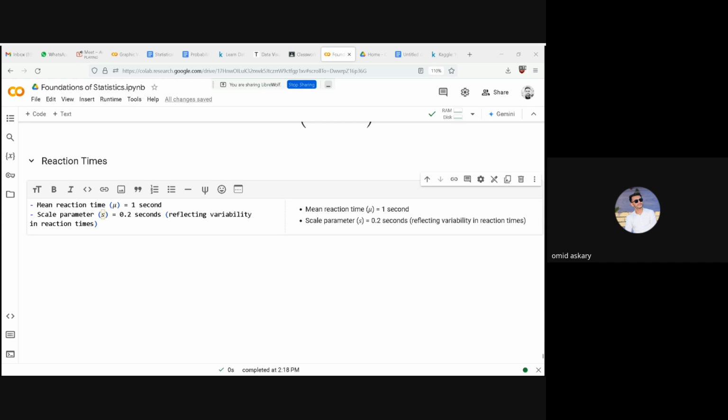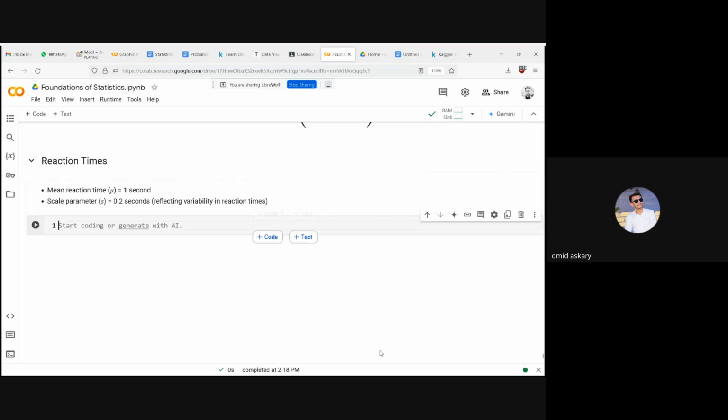If you calculate the PDF for reaction times for this stimulus, for example in Python, from SciPy previously we imported norm. Right now, we will be importing logistic this time.